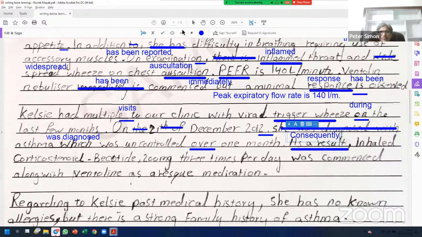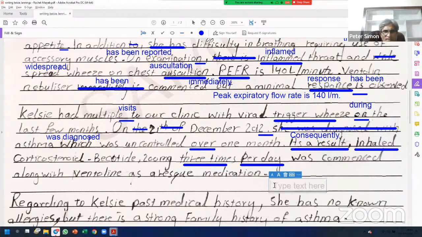So inhaler, inhalation of, inhaling or inhalation of corticosteroid decotype 200 mg 3 times. Three times, you can write thrice. Per day, you can write daily. Thrice daily. Why do you want to write 4 words?